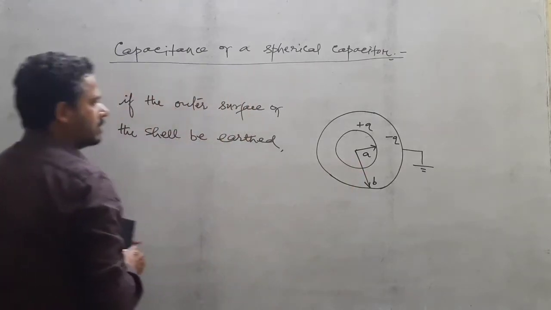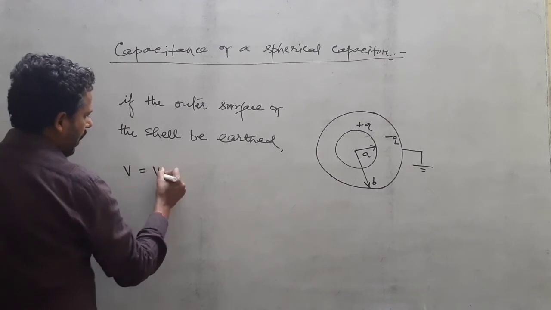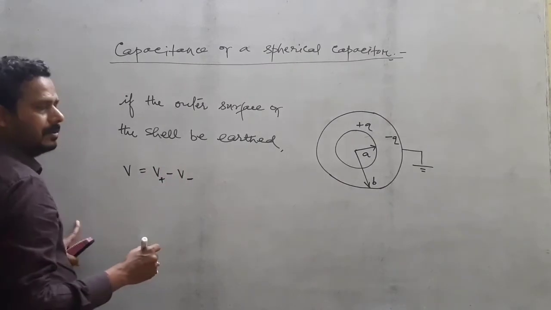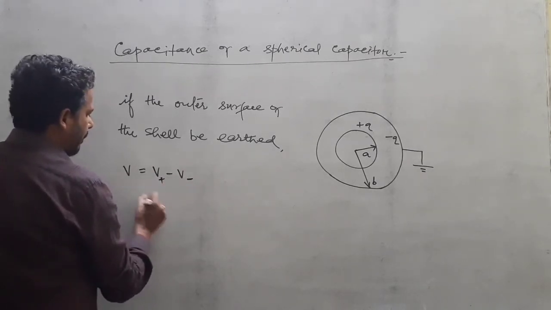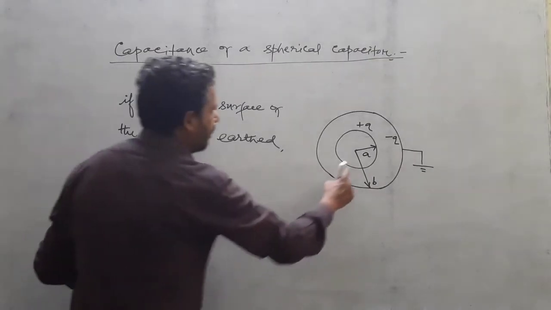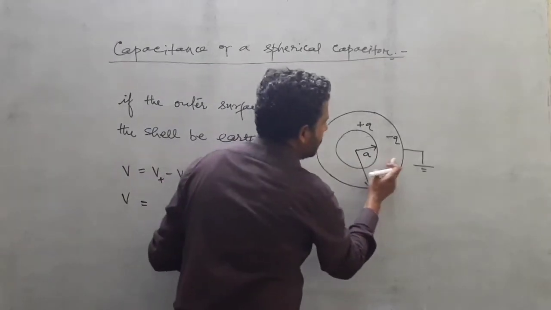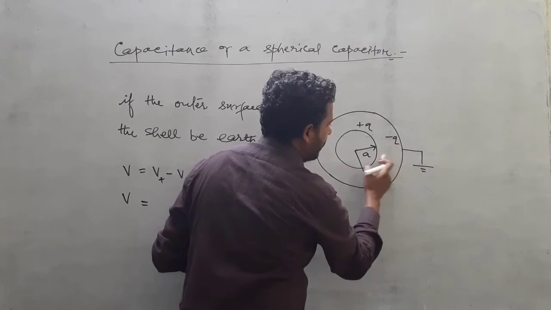From the concept of generator, we know that V is equal to higher potential minus lower potential. Accordingly, we know the potential difference between this separation. Why do we take the potential difference between this separation?